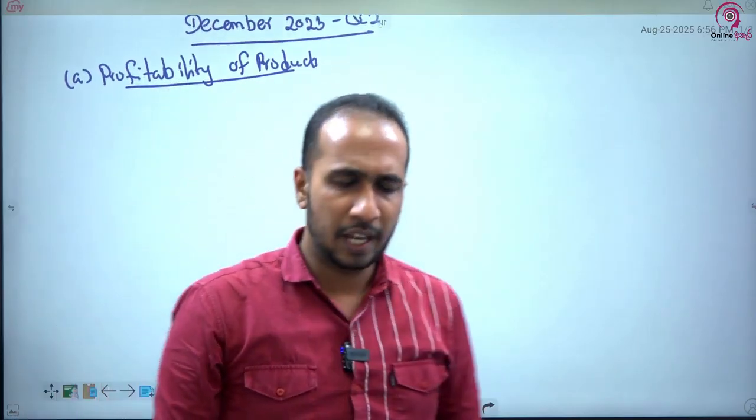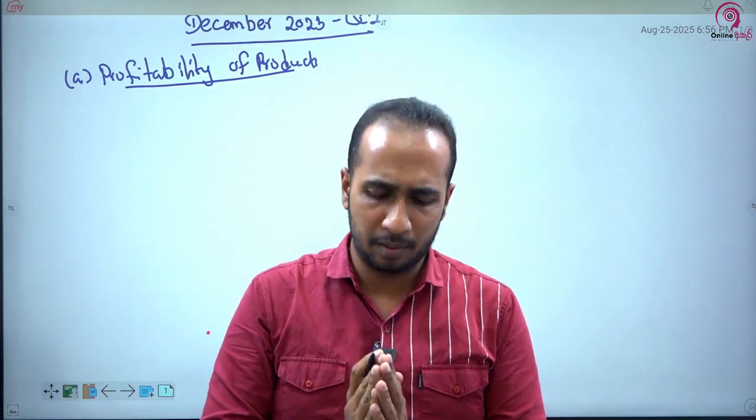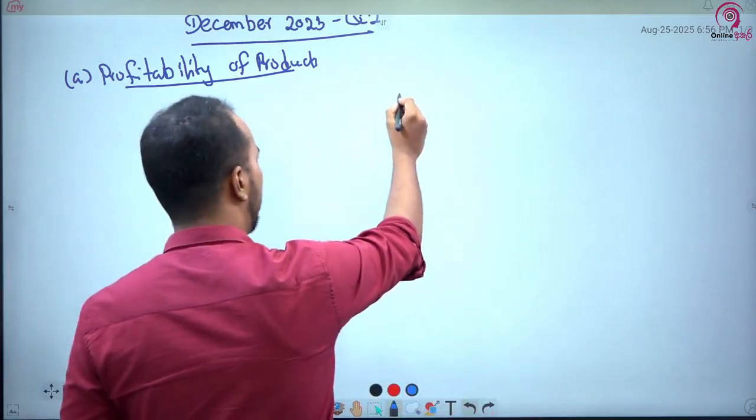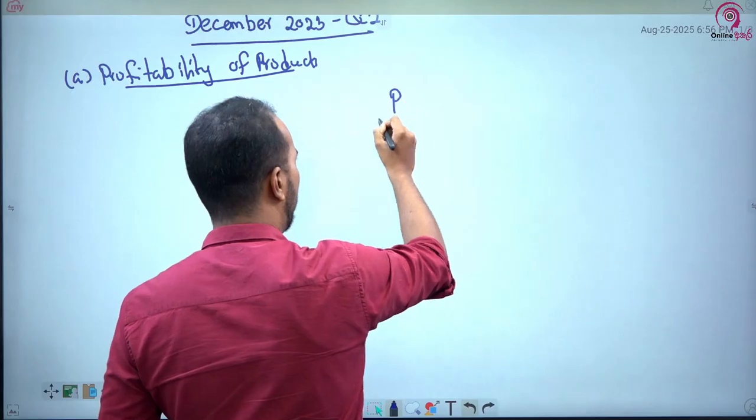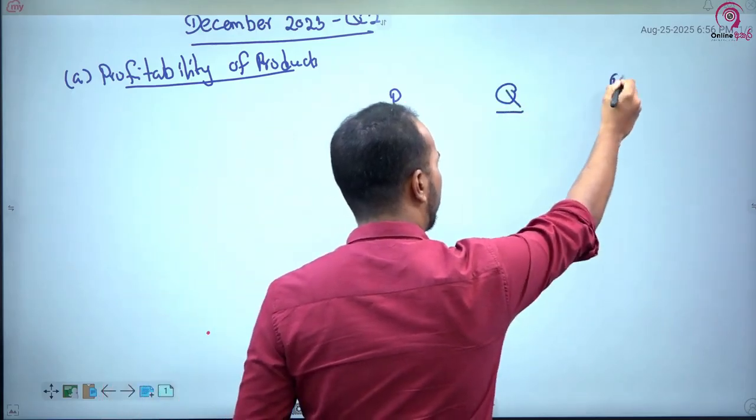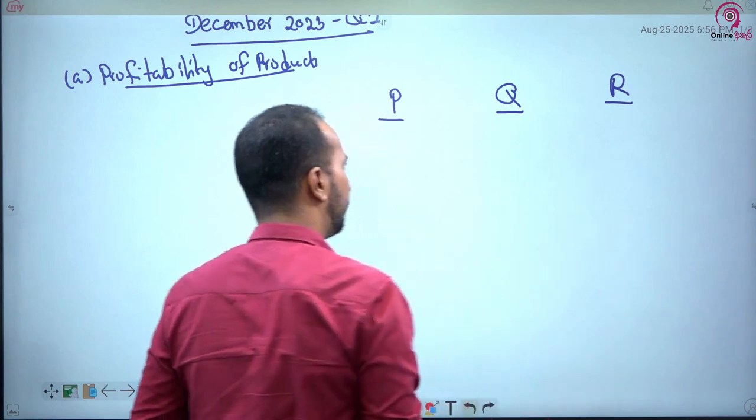In the question they are discussing three products, P, Q and R. So I will take these products separately. I have a product called P, a product called Q, and a product called R.